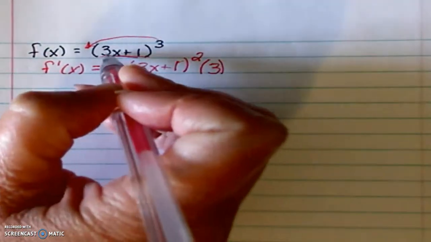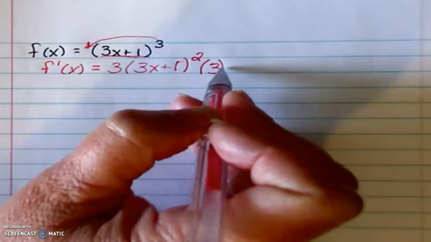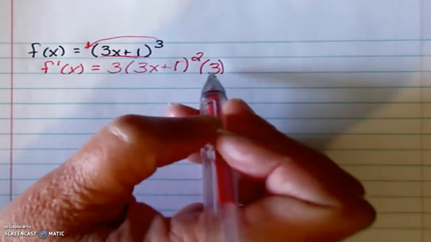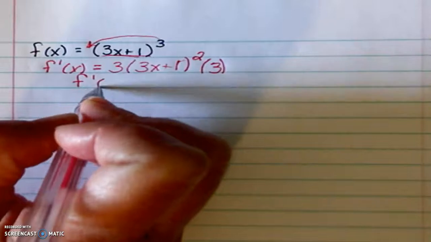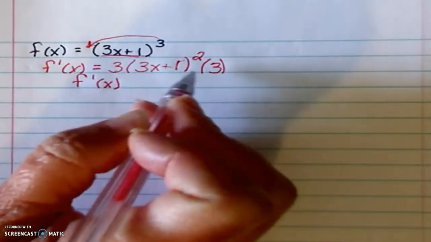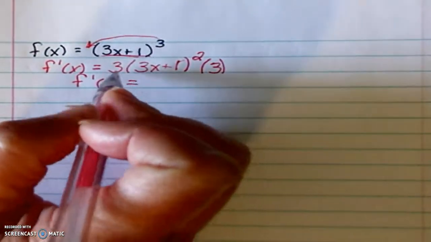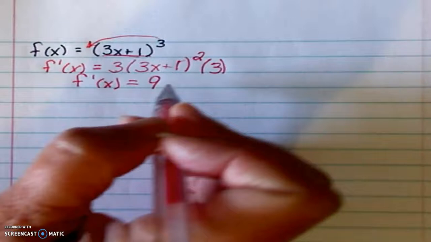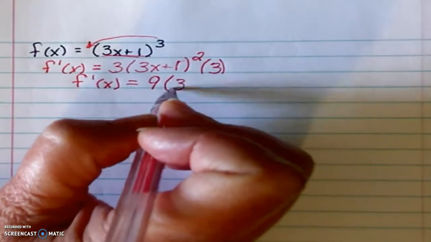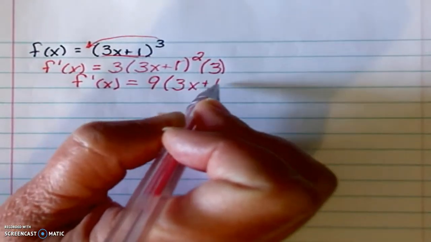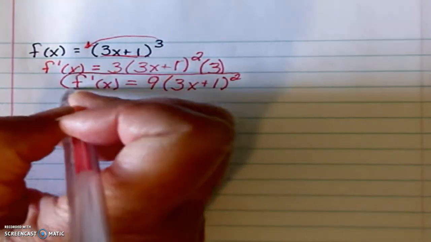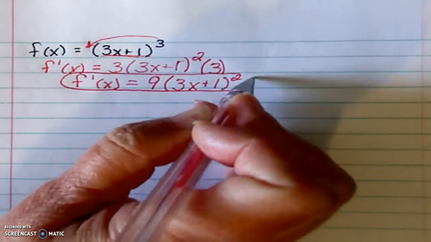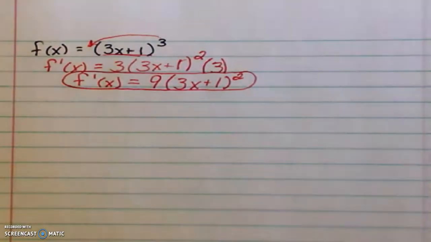So the derivative of 3x is 3, and the derivative of 1 is nothing. So you just end up with 3. Now as a final step, I would go ahead and multiply at least the whole numbers together. So 3 times 3, I would show it as 9, times the quantity 3x plus 1 squared. And that's going to be your derivative, the first derivative.